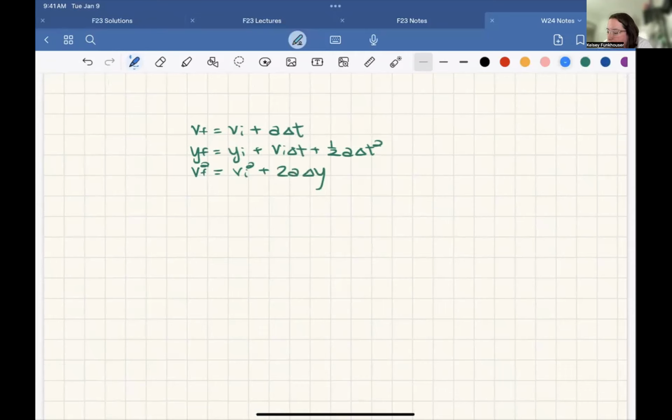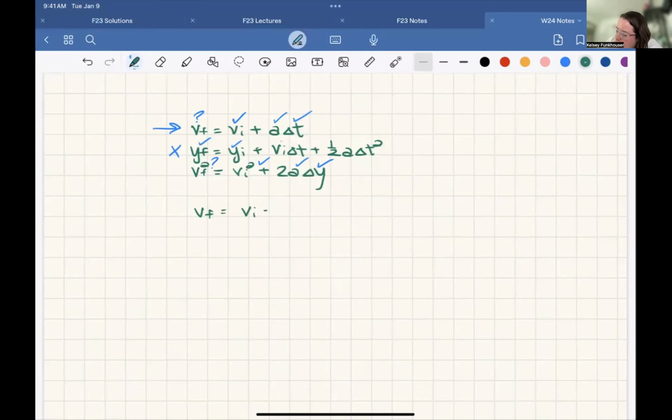Okay, really quickly, we'll go through. We don't know this, we know that, and the acceleration and the time interval, so we could use that equation. We know these. Oh, this doesn't even have the final velocity, so we don't want to use that equation. And then this and these. Okay, so I think I'm just going to use this first one because I don't have to deal with a square root, and it's already solved for us, so we can just plug in our numbers.